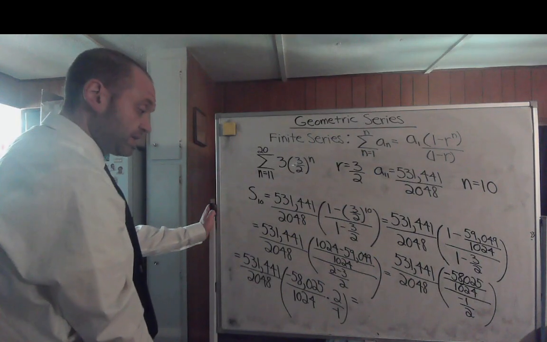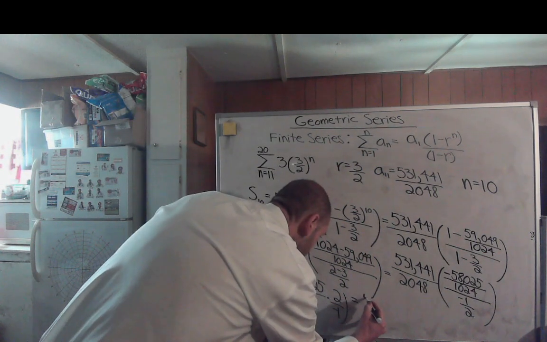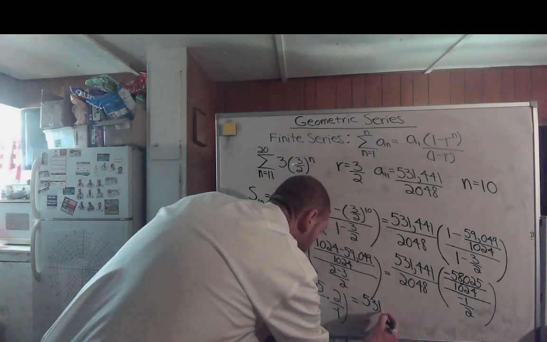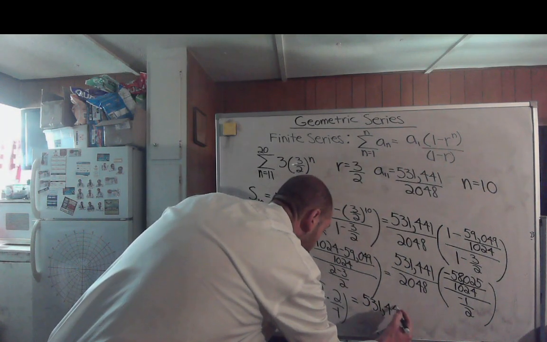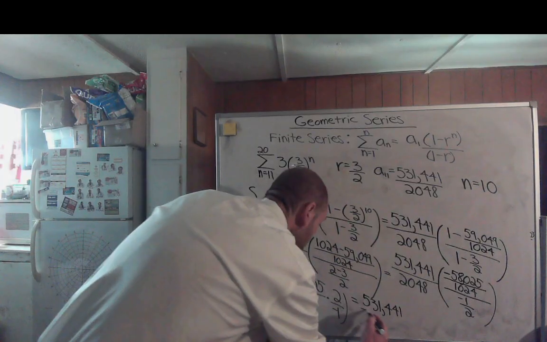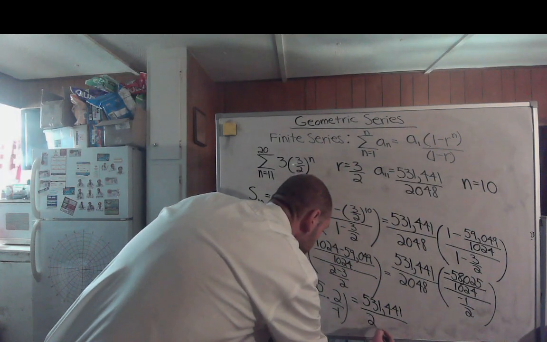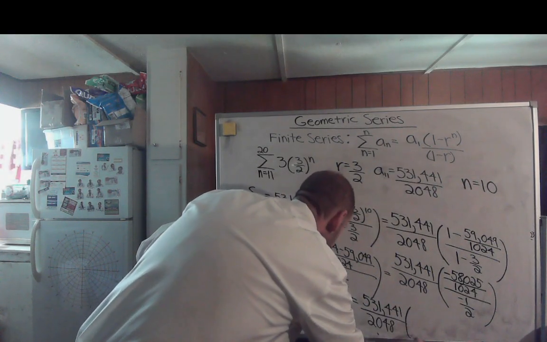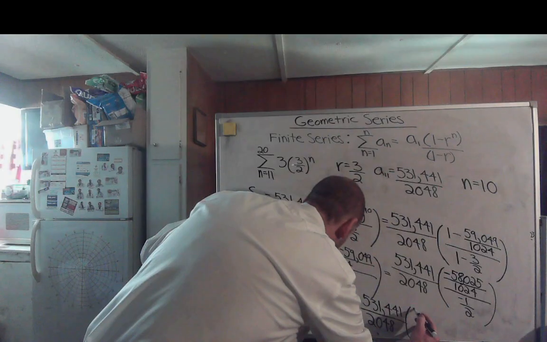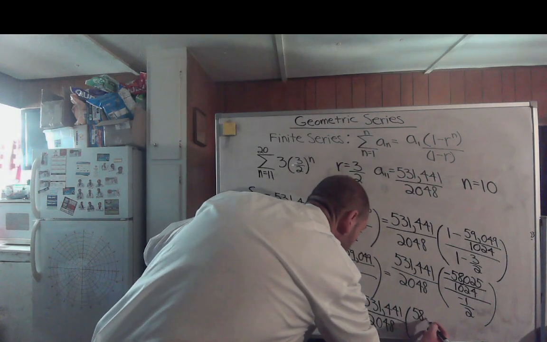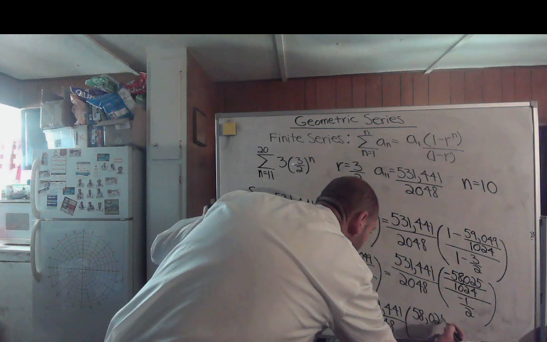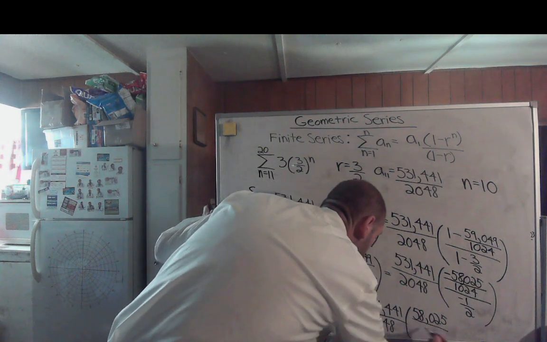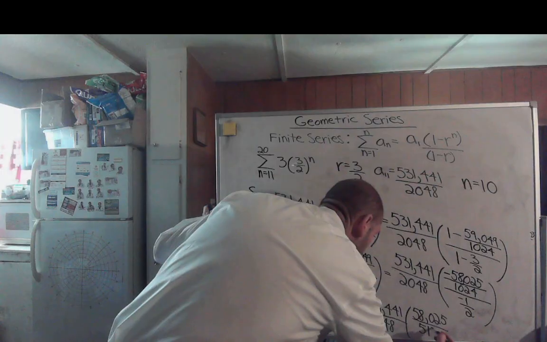So what you really end up getting then is 531,441 all over 2,048 times 58,025 over 512.